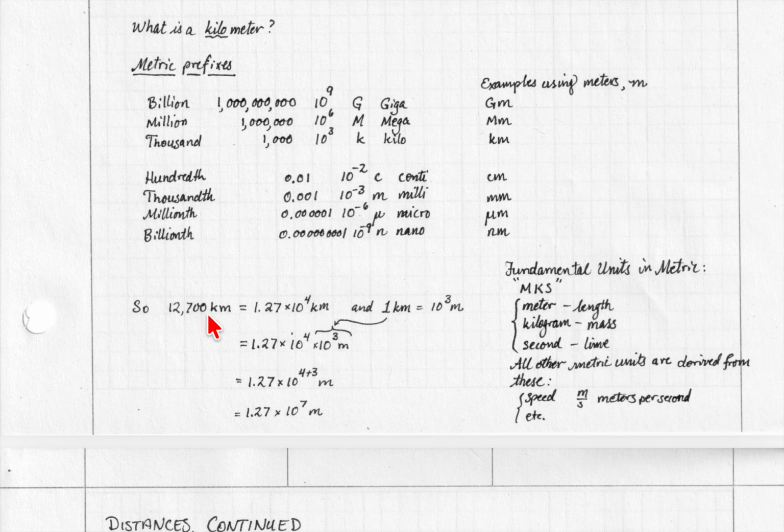We ignore trailing zeros, but if it was 12,701 kilometers, that would tell you that the middle zero is significant after all, because there is another digit at the end of it. Admittedly, this is sort of a human convention. There's nothing really magical about it. You could have it where the answer was exactly 12,700, and admittedly, it would be confusing for people unless you specify that that was an exact number. Don't worry about it here, though.